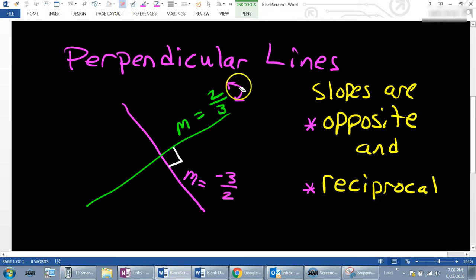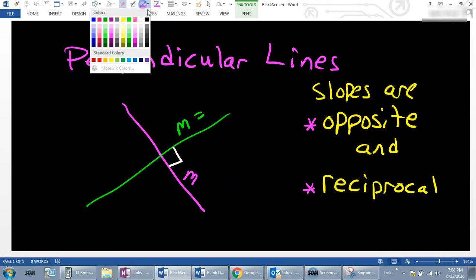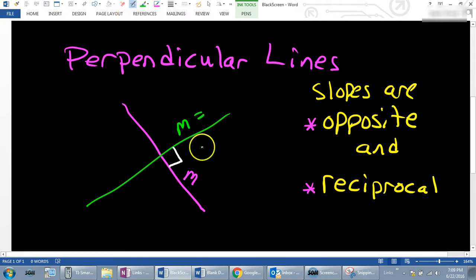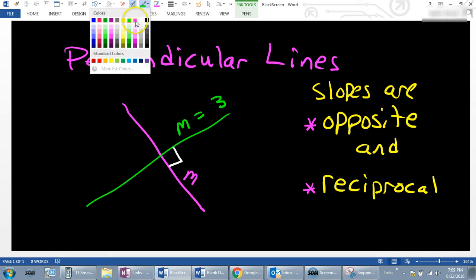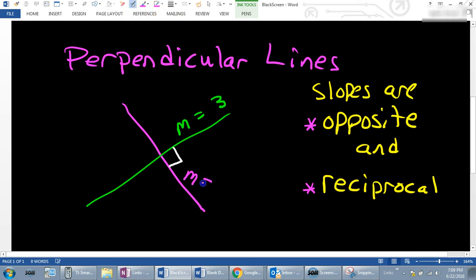Okay, let's look at a couple more examples. Let's say the green line had a slope of 3. Now let's talk about the slope of the pink line that's perpendicular. First of all, what's the reciprocal of 3? 1/3. But again, it's got to be also opposite sign.